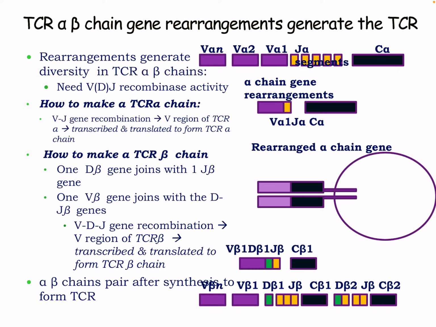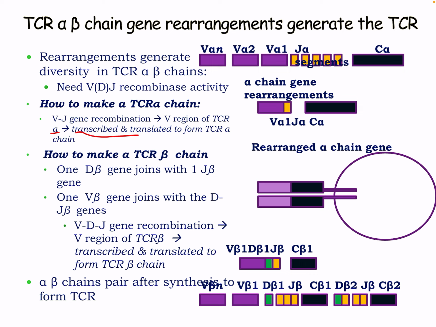So the T cell receptor alpha beta gene rearrangement generates the T cell receptor. Rearrangements generate diversity in the T cell receptor alpha beta chains. We need, again, that VDJ recombinase activity with those RAG1 and RAG2 enzymes. The V to J gene recombination will give our variable region of the T cell receptor alpha.